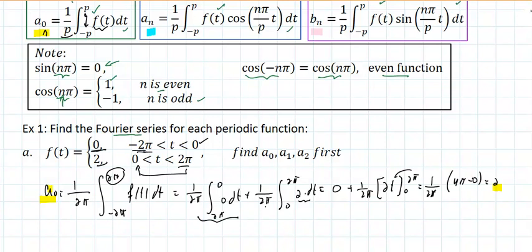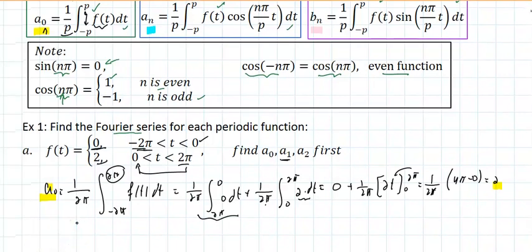Very good. Now I need to find a sub n. I want to find a sub 1 first. A sub n is really a sub 1 plus a sub 2 plus a sub 3 and so on, all the way to a sub n. So I want to find a sub 1, and look at the formula for a sub n. All you have to do is take that n and put a 1 right there.